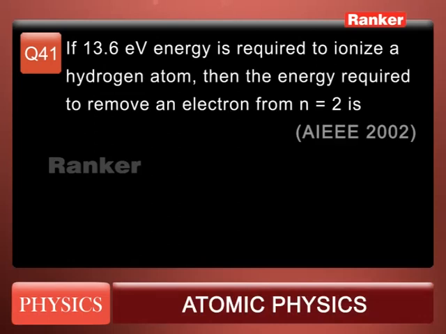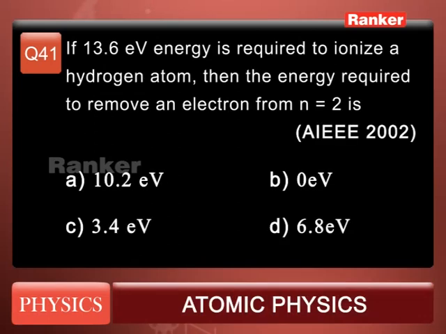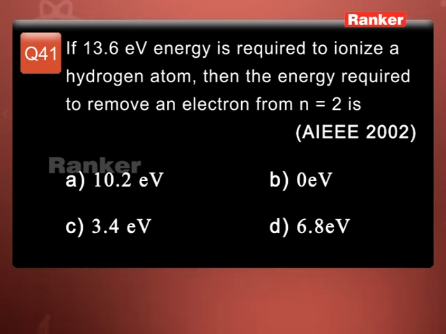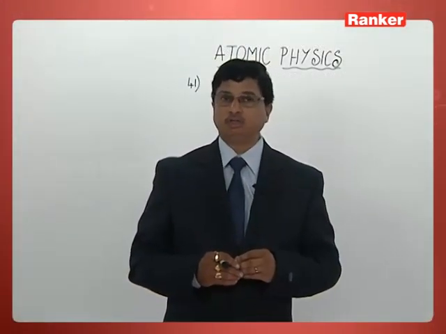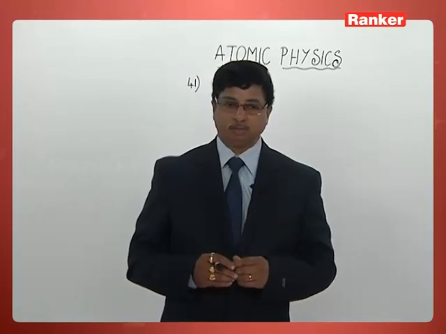If 13.6 electron volt energy is required to ionize a hydrogen atom, then the energy required to remove an electron from n is equal to 2 is how much? From the second orbit, n is equal to 2 means that is a concept there. And this question has been asked in the 2002 IIT-JEE paper.